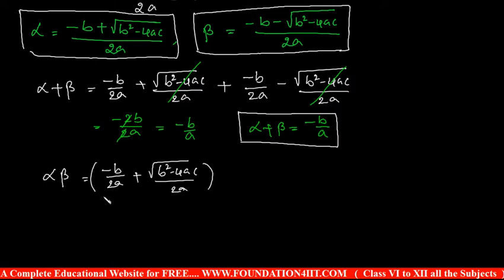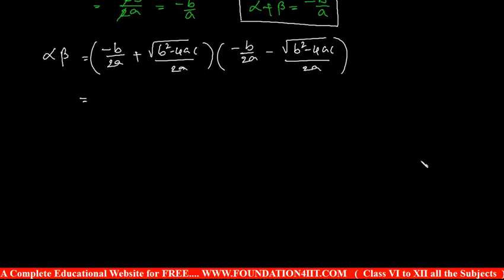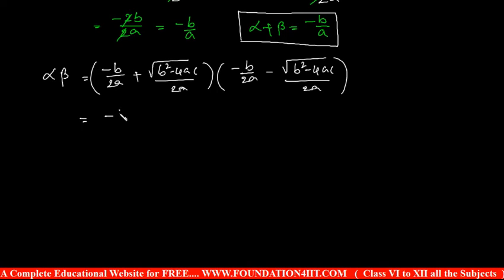Alpha is minus b by 2a plus root b square minus 4ac by 2a, into beta, the second root, minus b by 2a minus root b square minus 4ac divided by 2a. You can simplify this using the formula (a plus b)(a minus b) equals a square minus b square. That is minus b by 2a whole square minus root b square minus 4ac by 2a whole square.